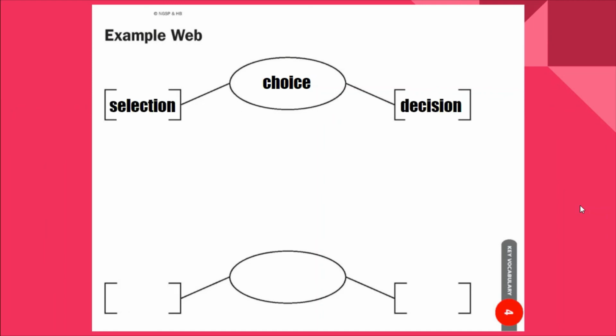So choice is a selection, or a decision that you make. And you may want to use words that you already know, that you're familiar with, or words that you are ready to learn and adopt into your own vocabulary bank to use in the future.